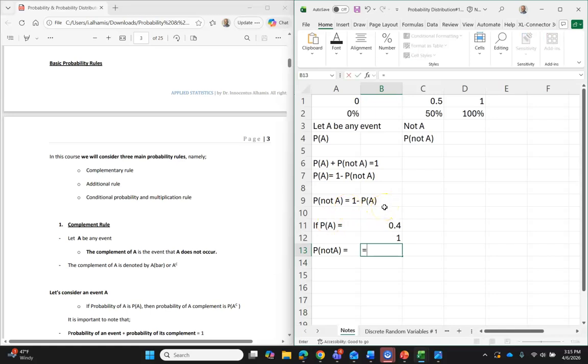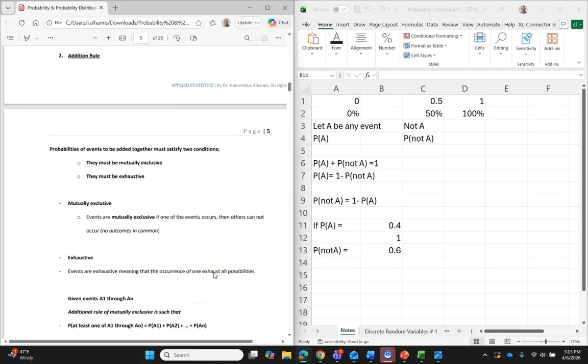So I'm going to put an equal sign, click on 1 minus 0.4. And so probability of not A is actually 0.6. And in this case, if we go to addition here, probability of event A is 0.4 plus probability of not A is 0.6. So 0.4 plus 0.6 equals 1.